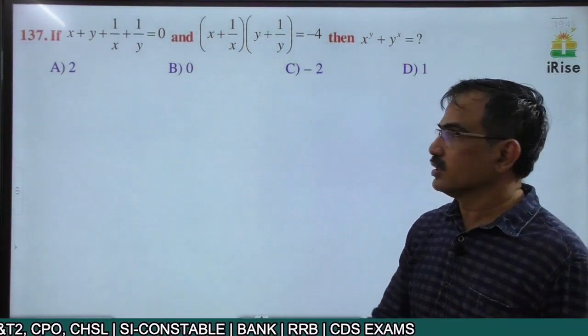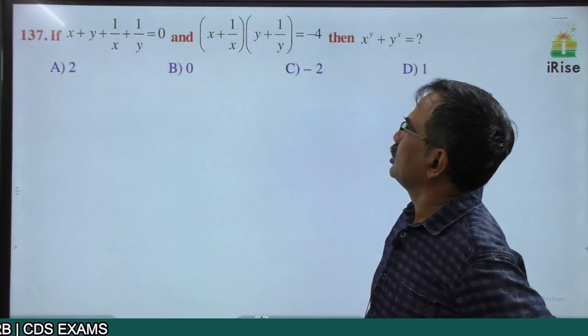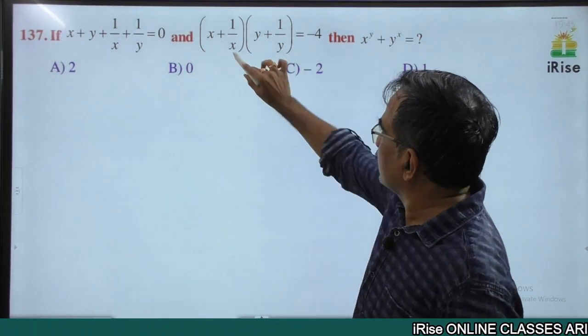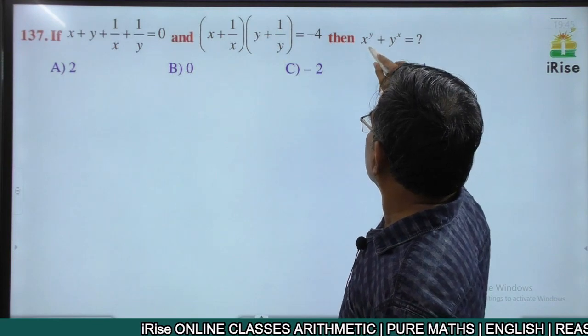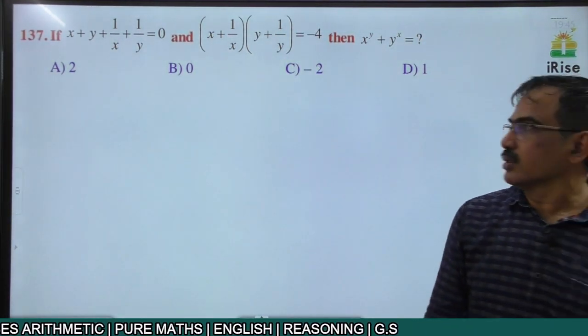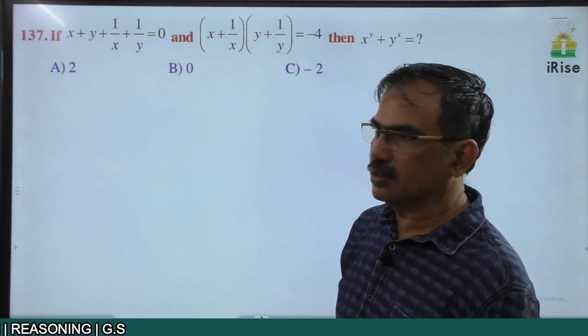See this question. x plus y plus 1 by x plus 1 by y is 0. Then what is x plus 1 by x, and given x plus 1 by x into y plus 1 by y is minus 4. What is x power y plus y power x? Here I want to solve this question in two ways.